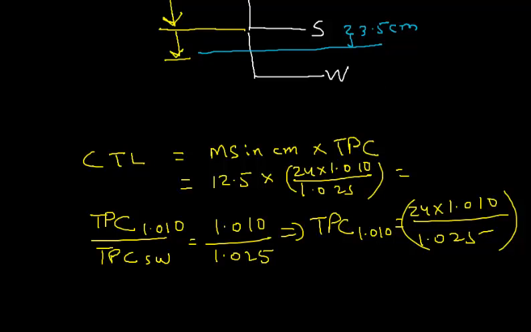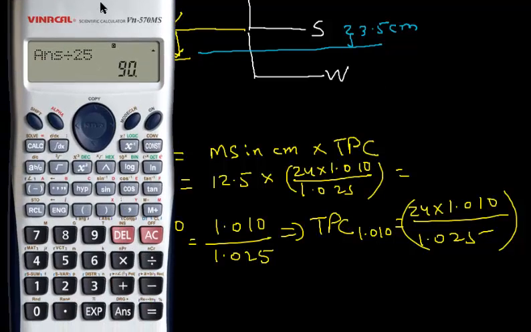So let's use this calci. Put 12.5 multiplied by 24 multiplied by 1.010 bracket close, divided by 1.025.